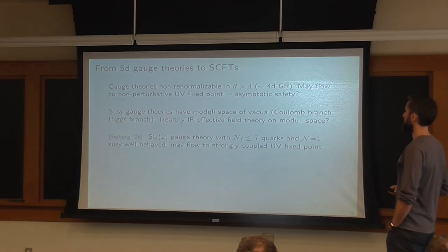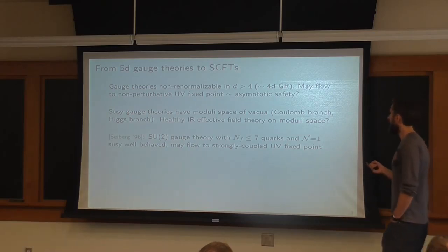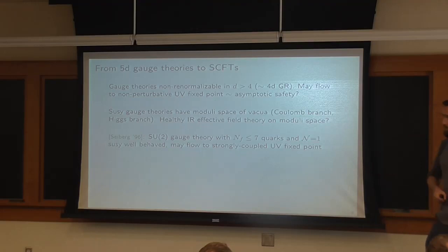He looked at the simplest gauge theory where this can actually be brought to fruition. And that's an SU(2) gauge theory, which has a Coulomb branch, so a non-trivial moduli space of vacua. And he found that so long as the number of flavors, the number of quarks in this theory, does not exceed 7, then indeed you find a well-behaved low-energy effective theory on the entire Coulomb branch.